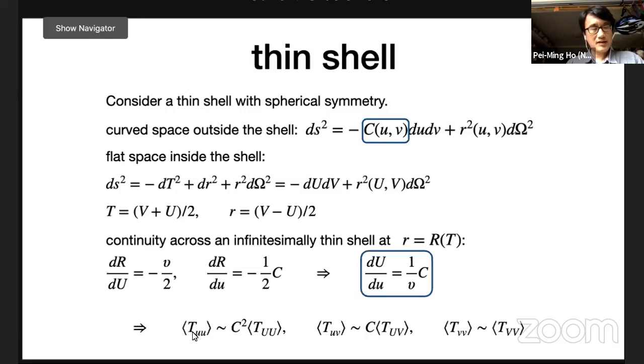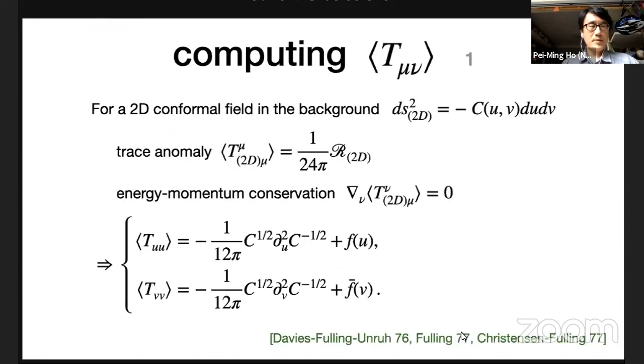In particular, the outgoing energy flux is almost zero around the horizon, and the ingoing energy flux is negative.